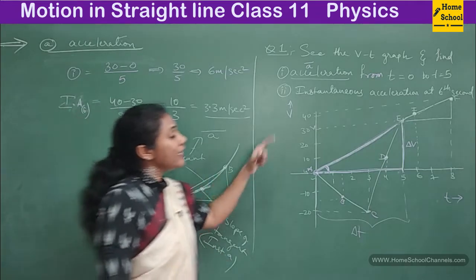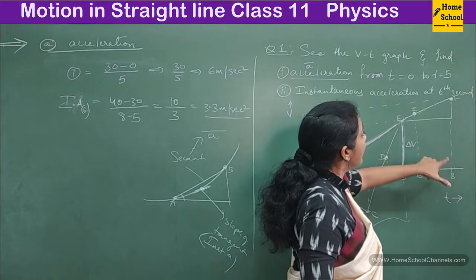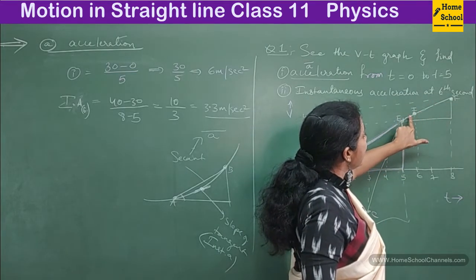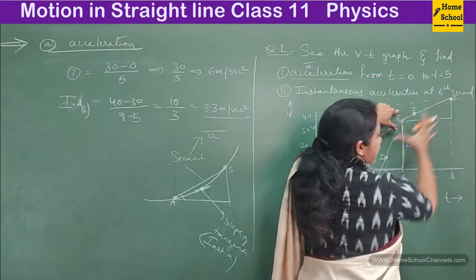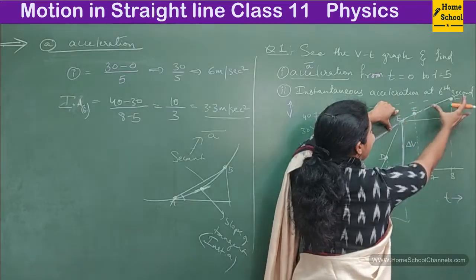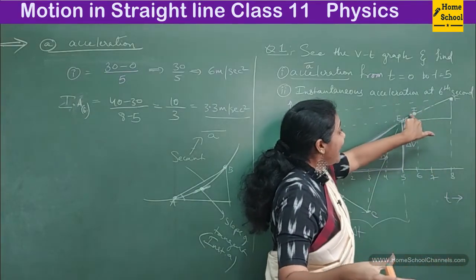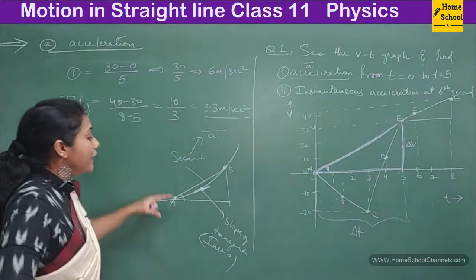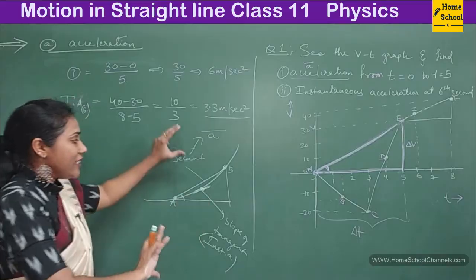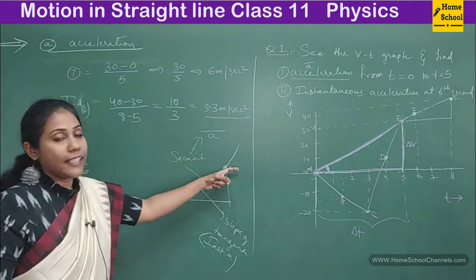Okay, but if it is a straight line, your average acceleration is equal to the instantaneous acceleration at any point between E and F. But if it is a curve, average acceleration is not the same as the instantaneous acceleration at any point between 2 points.